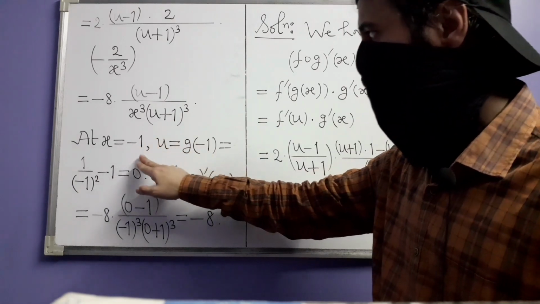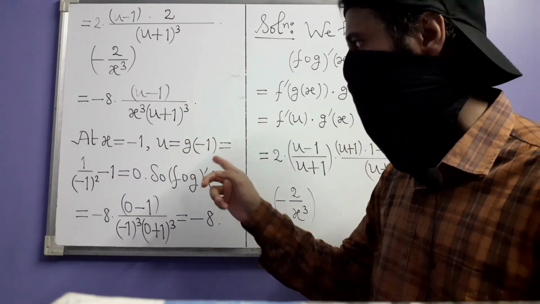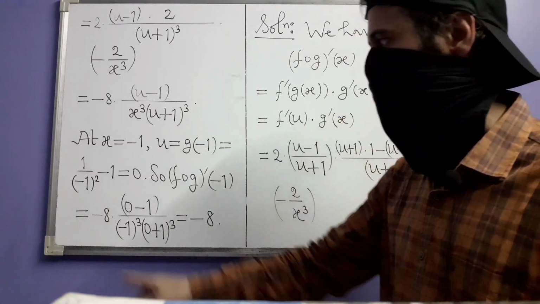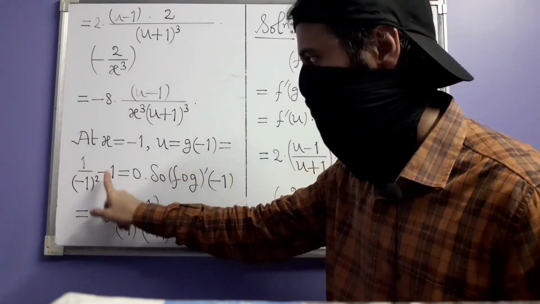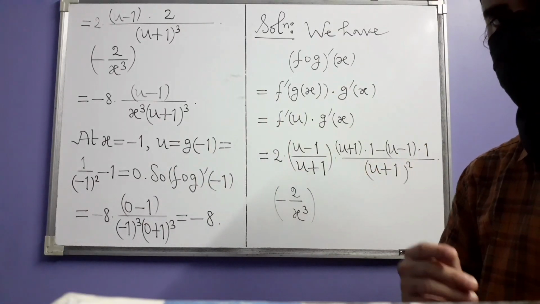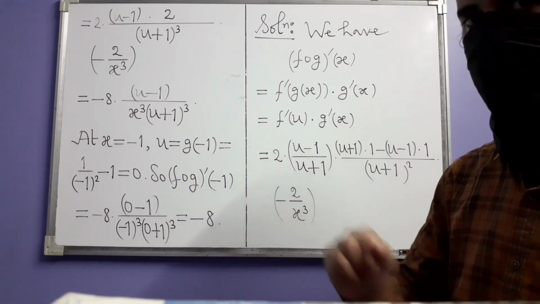So at x equal to minus 1, u is this g of minus 1. g of x is 1 divided by x square minus 1. 1 divided by minus 1 whole square minus 1. So this becomes 0. When x is minus 1, u is 0. So now it's a bit easier to calculate.